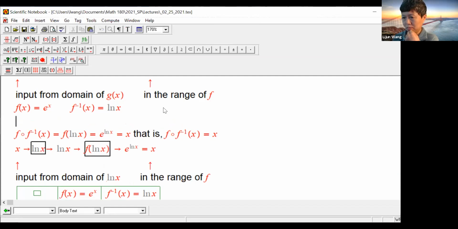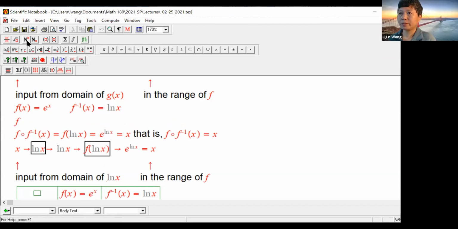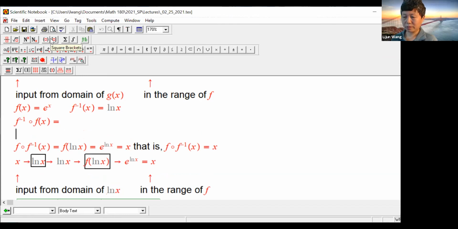What if I do f inverse composite f? What do I get? X. ln e to the power of x.